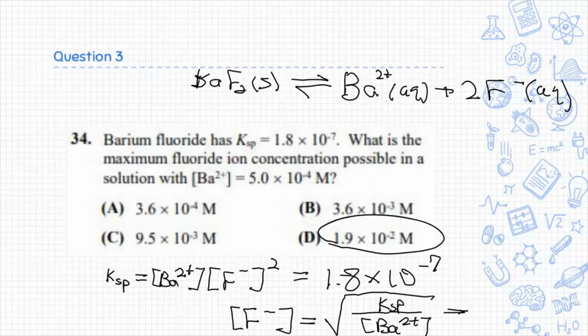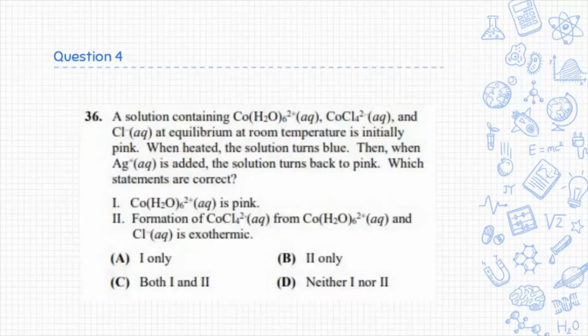Okay, moving on to question 4. We'll give you 2 minutes for this question.